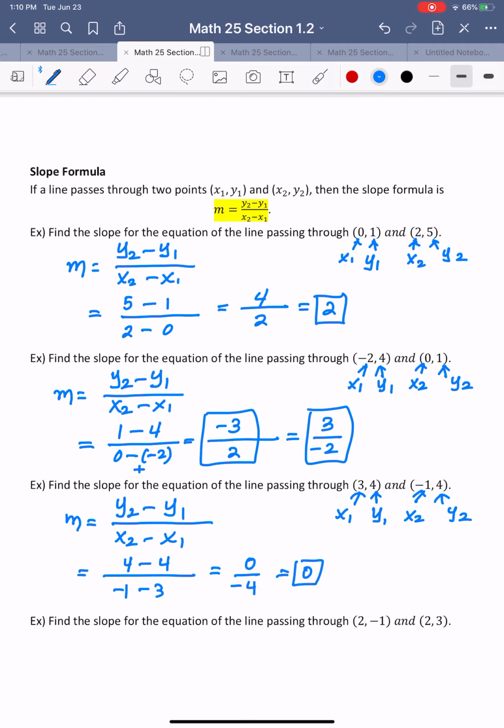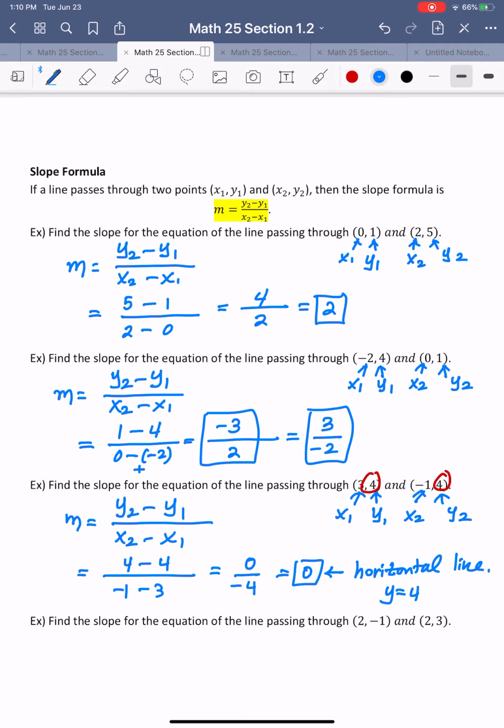A zero slope always gives us a horizontal line. So to get the equation, you see that y stays at 4, which means the equation is just y = 4.